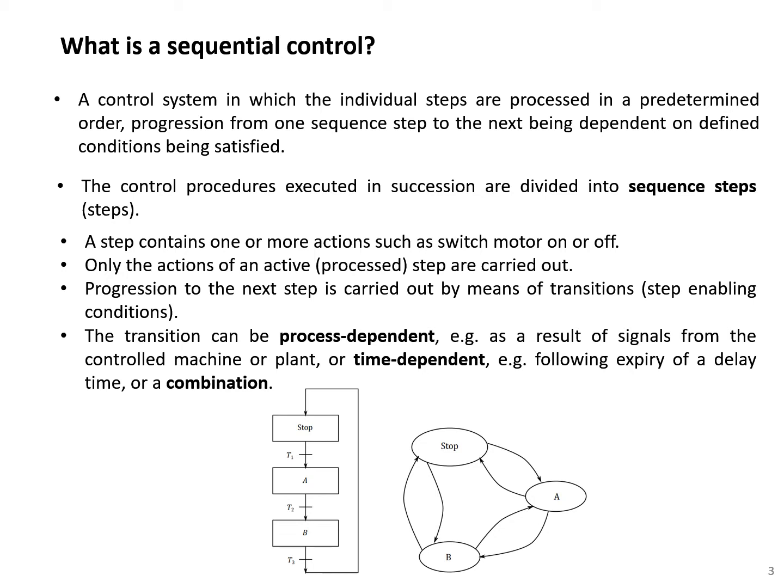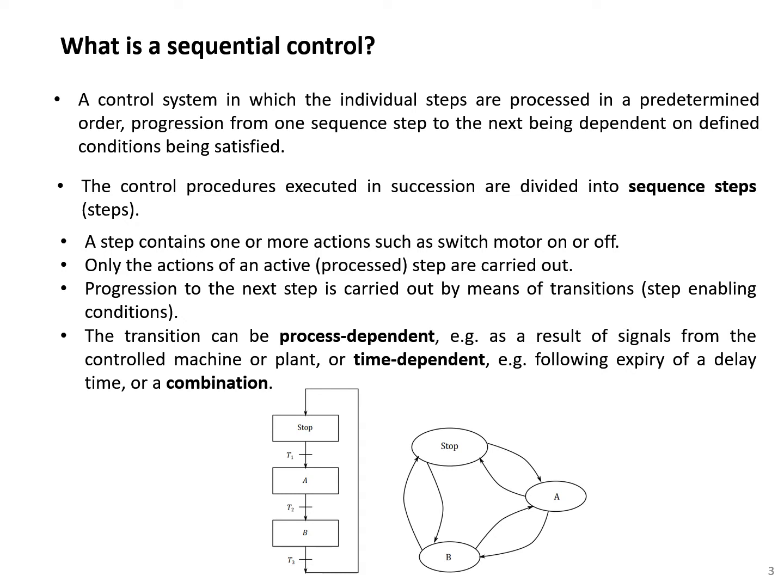The transition can be process dependent, for example, as a result of signals from the control machine or plant, or time dependent, for example, following expiry of a delay time, or a combination of time dependent and process dependent.